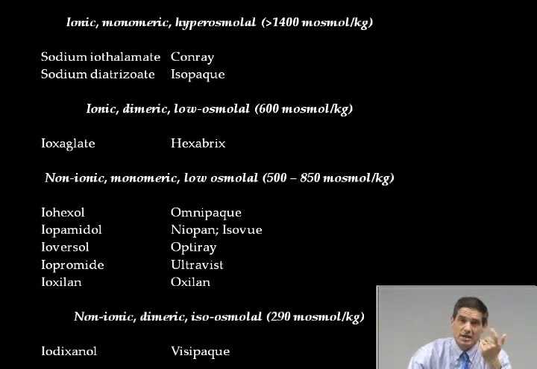I will note that it's changed through the years, and the agents at the bottom of the table had theoretical advantages. Isomolar contrast material and low osmolar contrast material tend to provoke less trouble on the part of the patient. They're probably no different in fatal anaphylactic or anaphylactic-like reactions, but they are less likely to provoke more minor reactions like nausea and so forth.